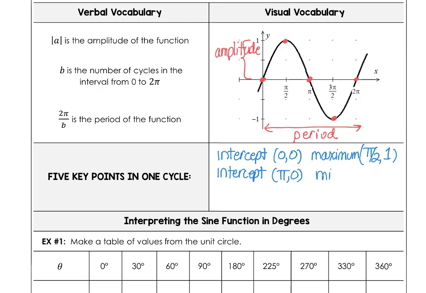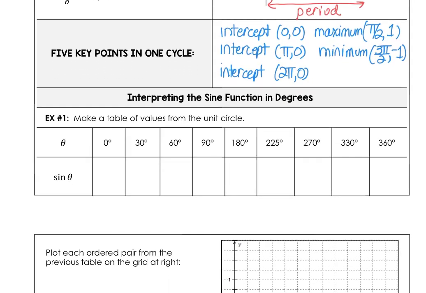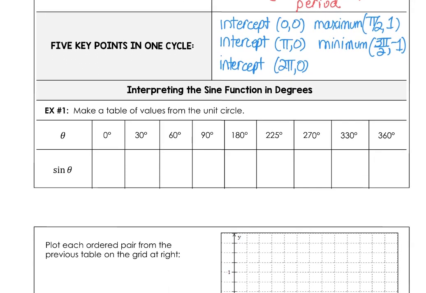Then there's the minimum point at 3 pi over 2 and negative 1. And then lastly, there's the intercept at 2 pi, 0. So those will be really helpful if you know that pattern.